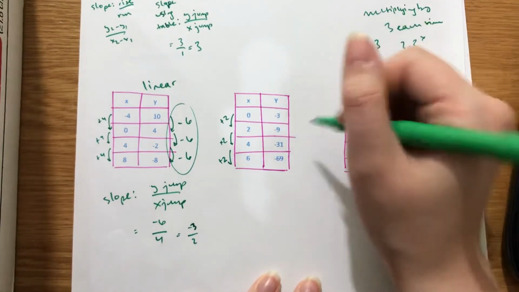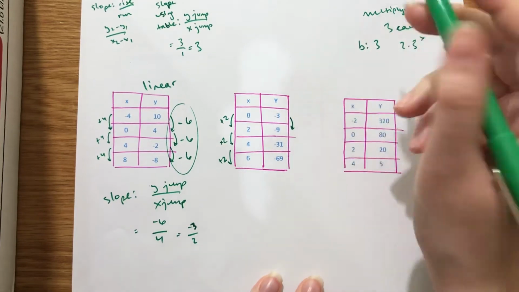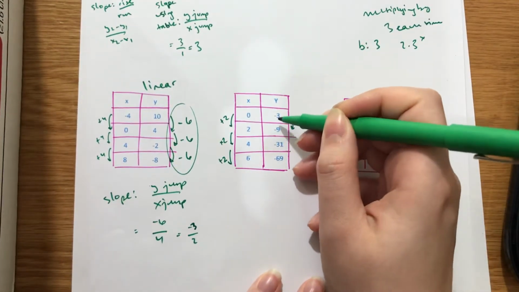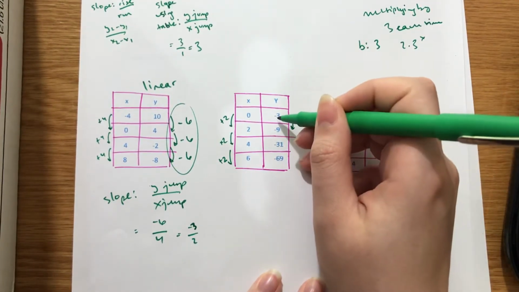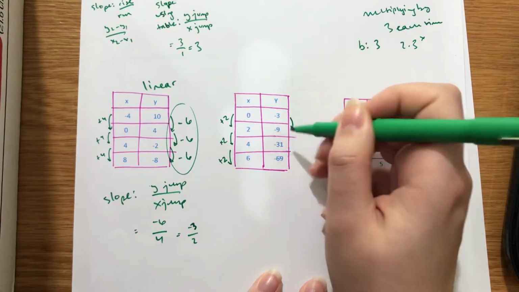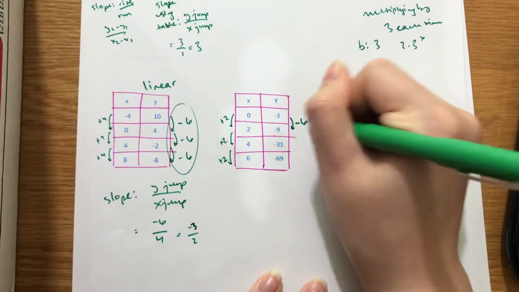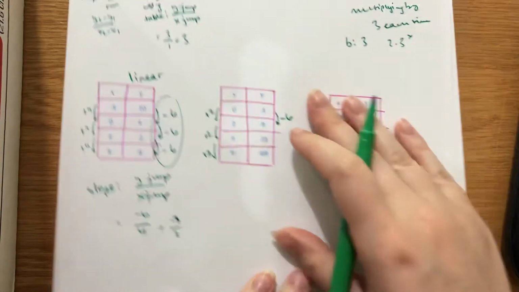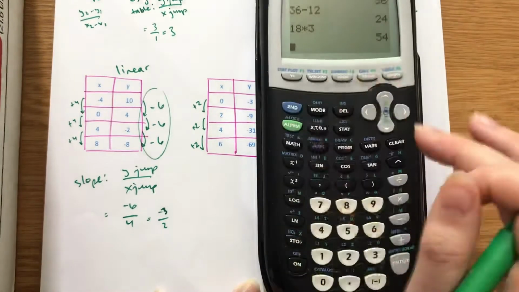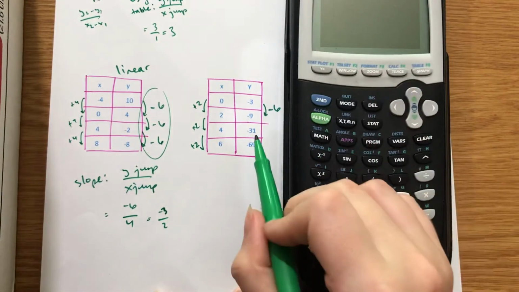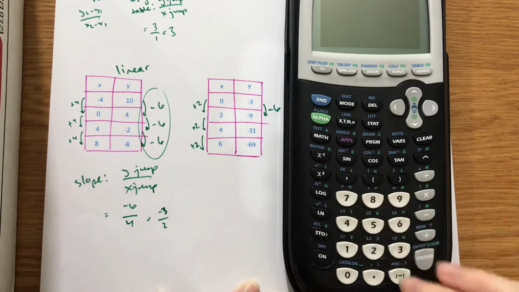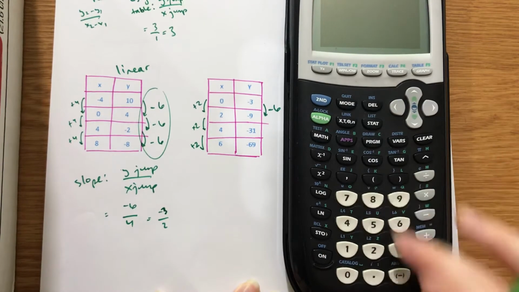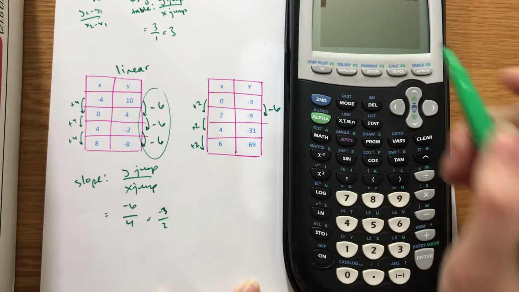All right, let's check the right side. How do we get from -3 to -9? So you're getting more negative. -3 minus what gives you -9? -6. How do we get from -9 to -31? If you wanted to figure out what it is, you can go backwards. -31 minus -9 is -22.